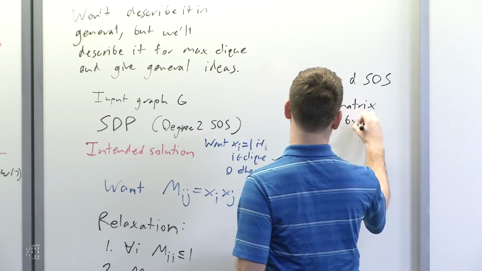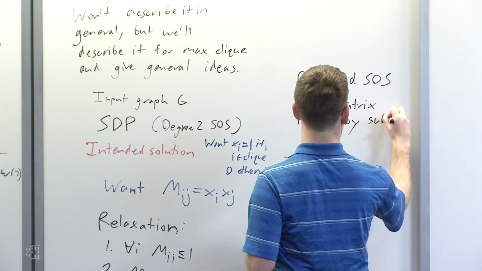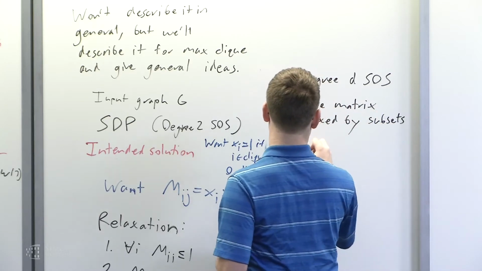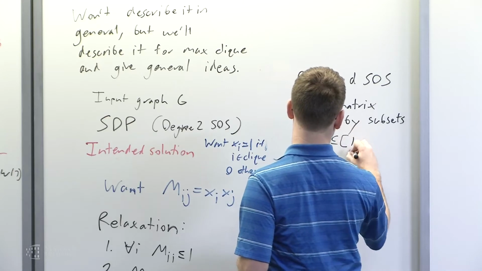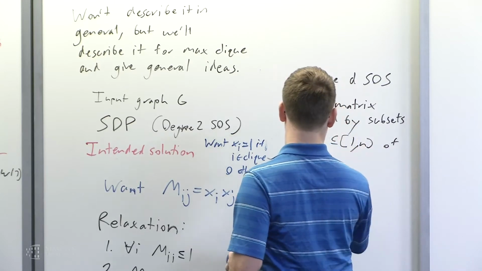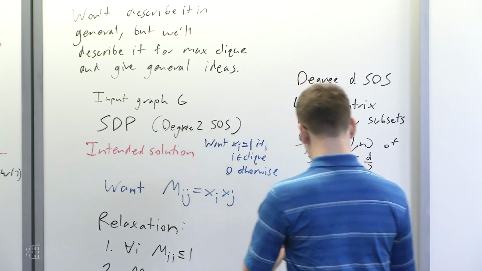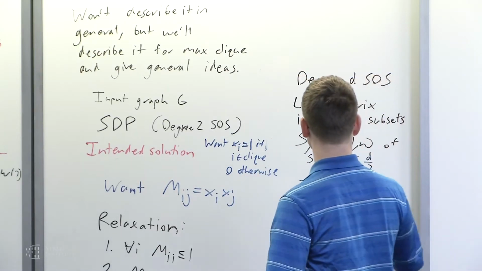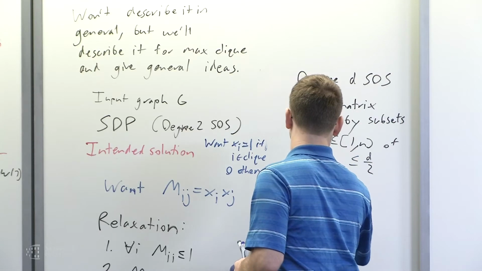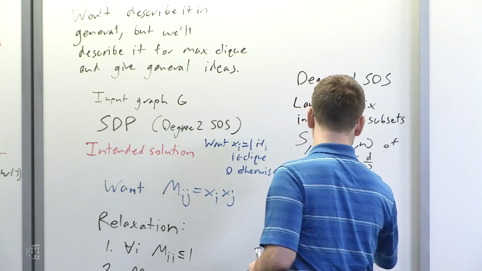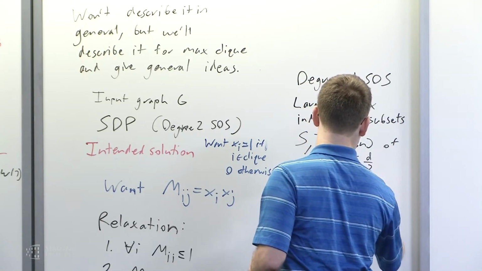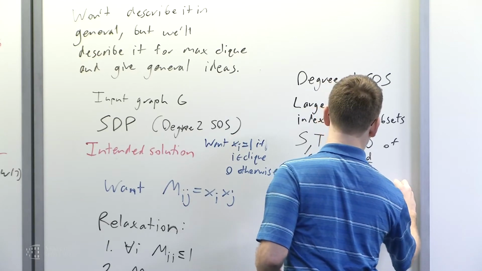And now it'll be indexed by subsets S, T of size at most d over 2. Here I should give a definition. We'll define xV to be the product over i in V of xi.